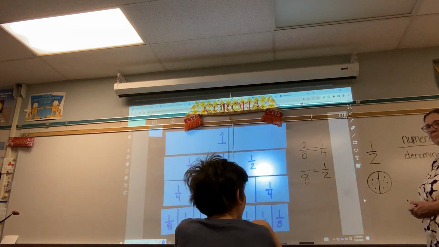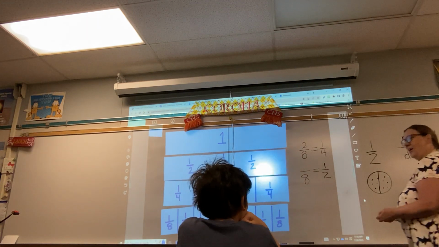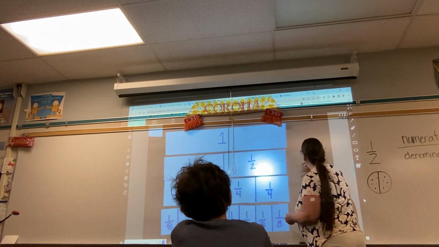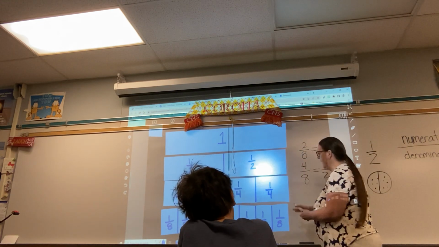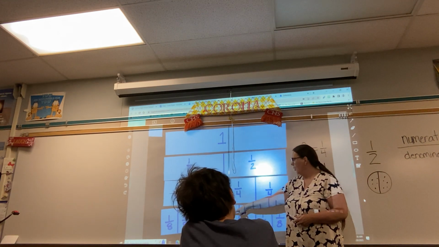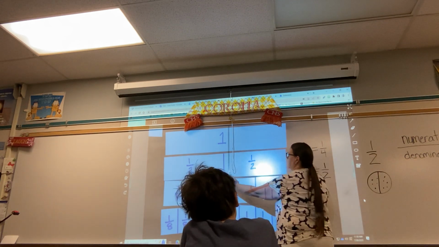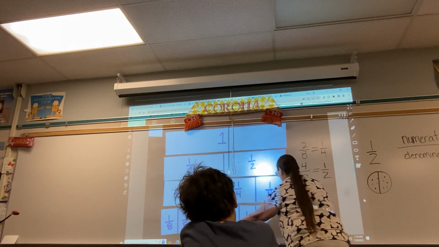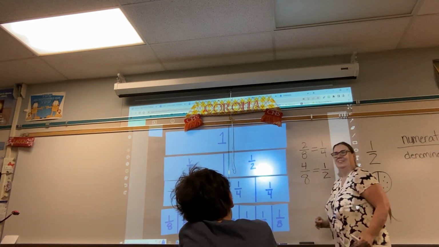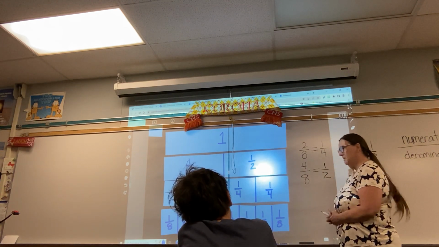Gavin? We would need 4 in the numerator. Right, 4. 4/8, 1, 2, 3, 4, is the same as 1/2. Do you see that? Here's 1/2. Here's 1/2 here, right? Okay.